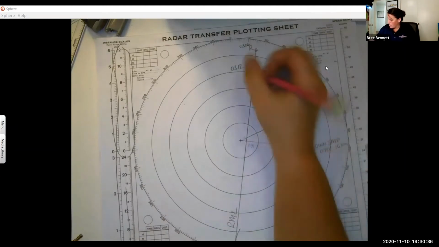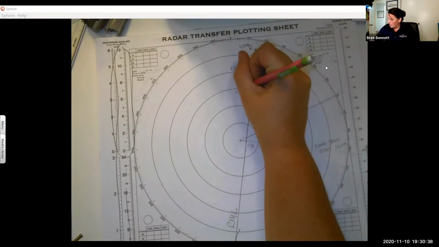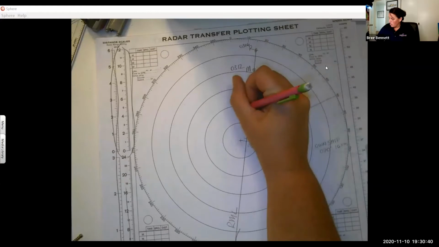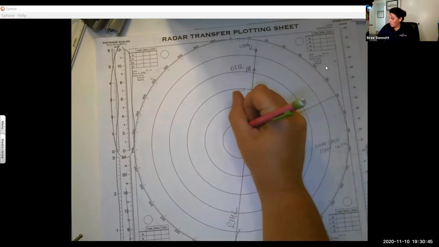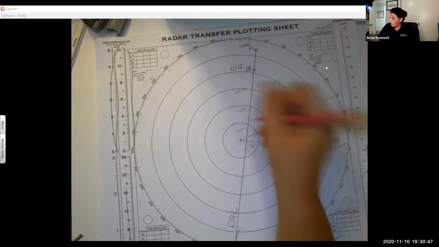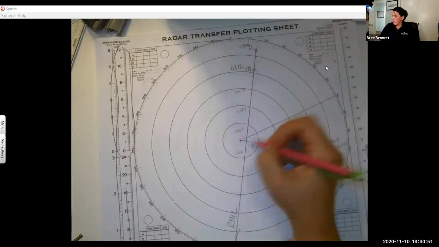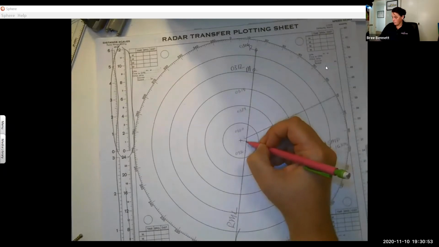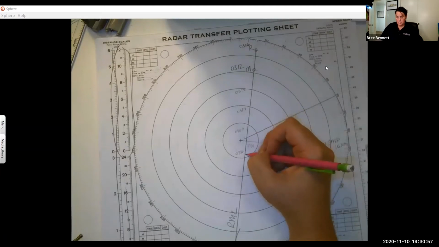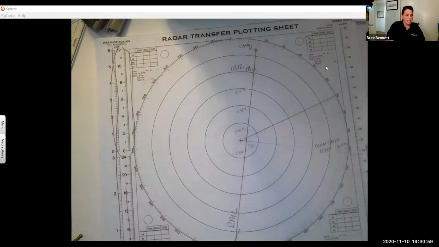So this would be at 03:18, 03:24, 03:30, and 03:36. So my CPA is maybe right in the middle of 30 and 36, maybe a little closer to 36.